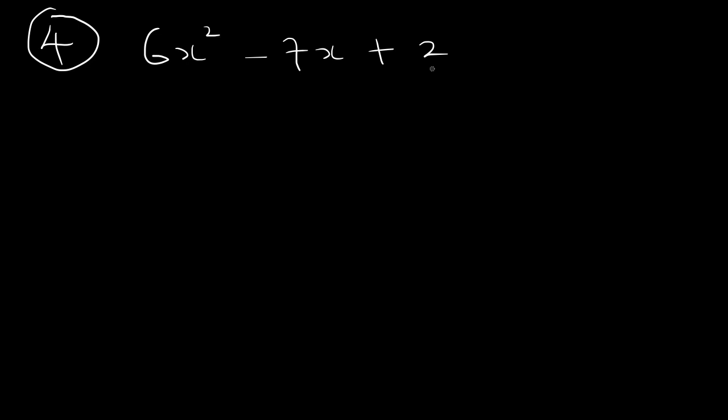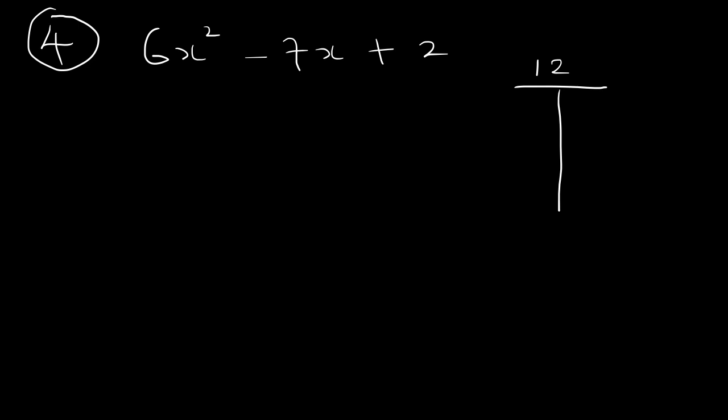You see the difference between this and when the coefficient of x squared is 1. So we multiply 6 by 2, and when we do that, we'll have 12. So we'll look for two numbers that will multiply to give us 12, and if we add them up, we'll get minus 7.